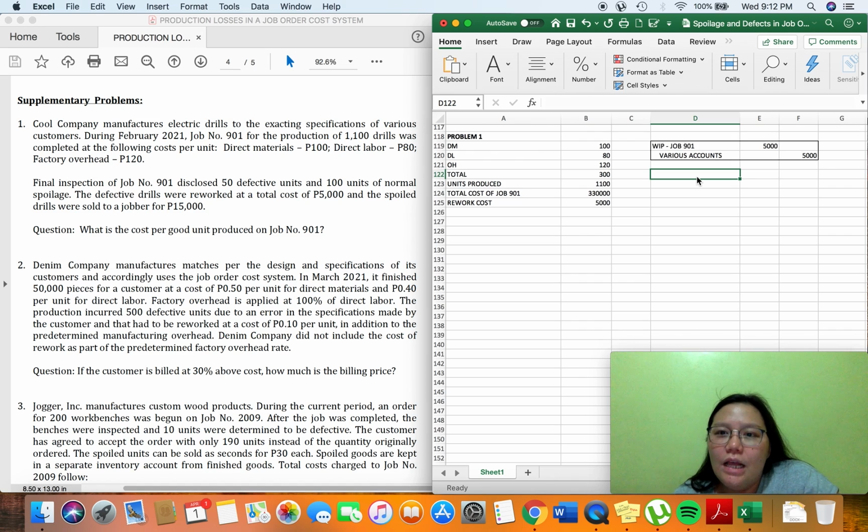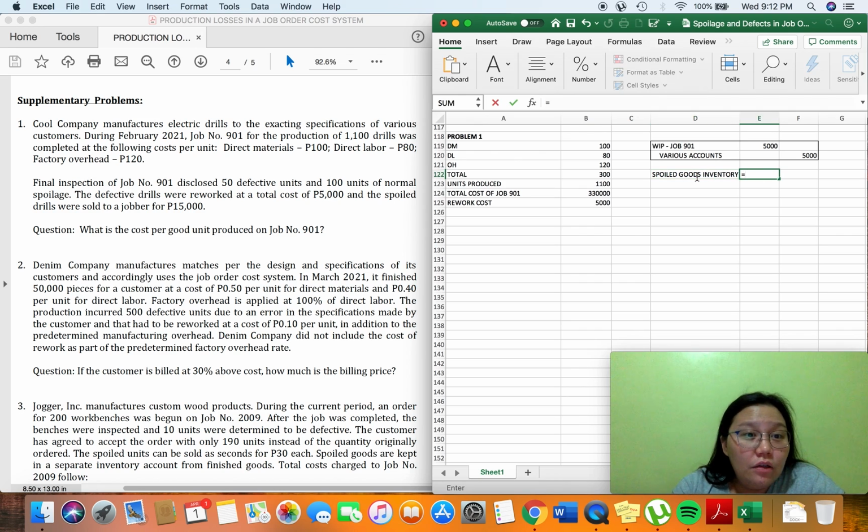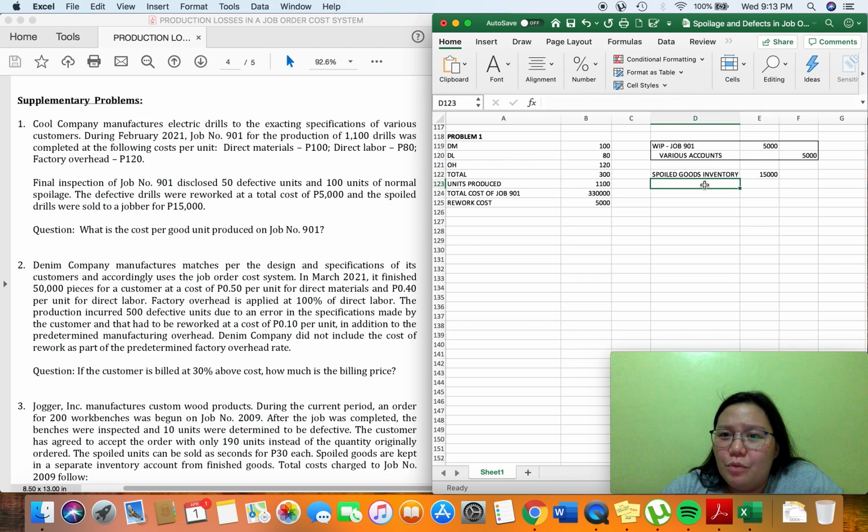We will still transfer the net realizable value of the spoiled units to a separate inventory account, which is the spoiled goods inventory account. So, you have to debit spoiled goods inventory. We have 15,000 na pala yun, kasi yun na yung nakalagay na nabenta na daw at 15,000. So, basically, that is the net realizable value.